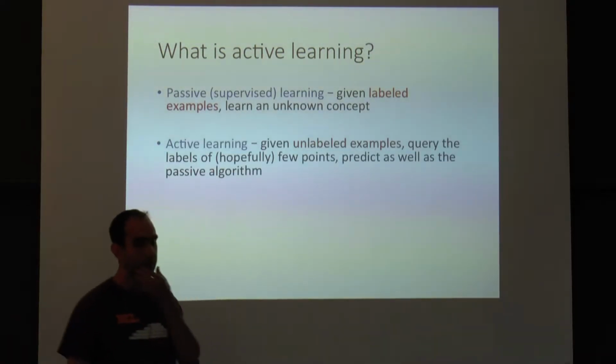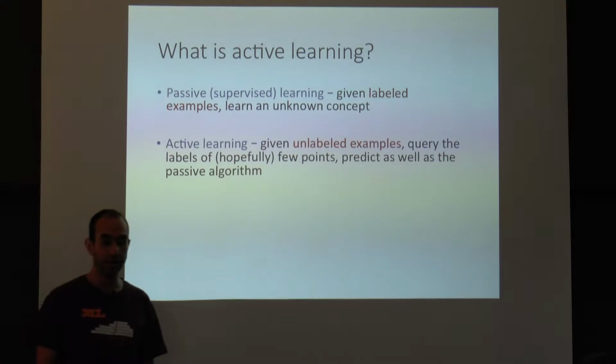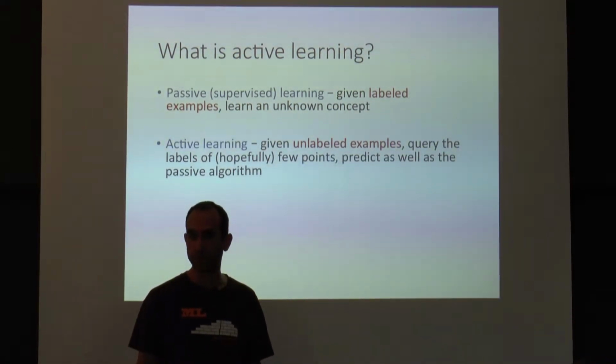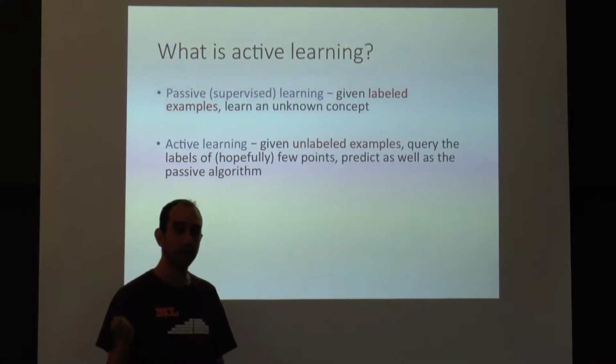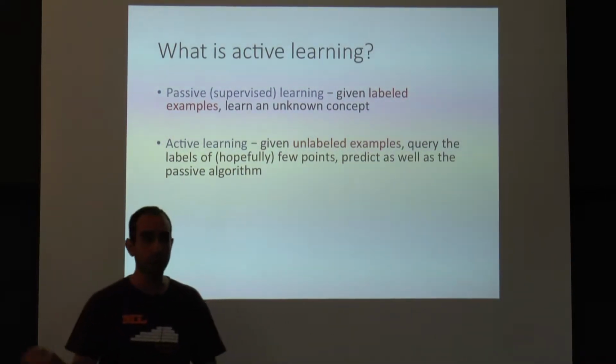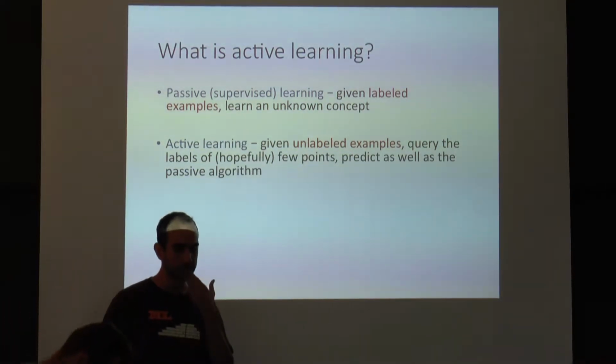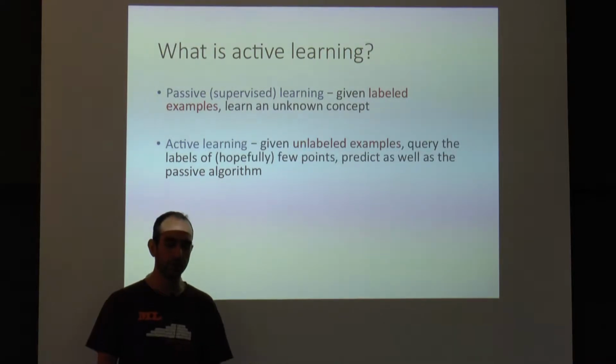In active learning, we assume that the examples are unlabeled, and typically we have maybe a much larger pool of unlabeled examples, and the active learner can interact with a domain expert who can label some of the examples according to the queries the active learner gives the expert. And the goal is to hopefully label very few examples and still to predict as well as the passive learner with access to all of the examples.